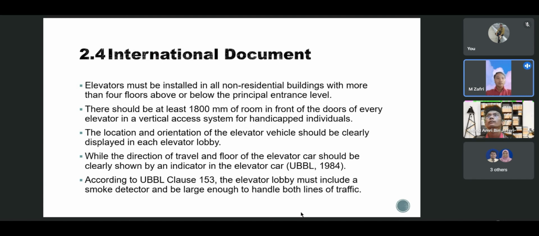The location and orientation of the elevator vehicle should be clearly displayed in each elevator lobby, while the direction of travel and flow of the elevator car should be clearly shown by an indicator in the elevator car. According to UBBL 1984, clause 153, the elevator lobby must include a smoke detector and be large enough to handle both lines of traffic.